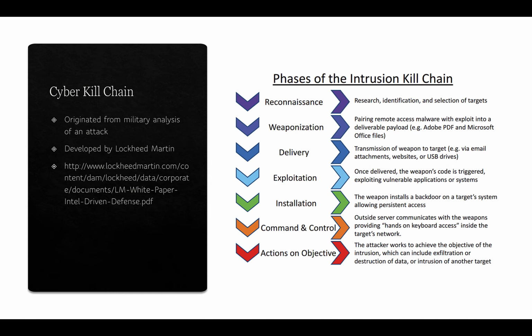Command and control is also part of persistence. This is where an outside server communicates with the weapons, providing hands-on keyboard access inside the target's network. One of the ways of identifying attackers is by looking at the infrastructure that they utilize, and C2 servers, command and control, is one way. They'll use particular IP addresses and URLs, for example.